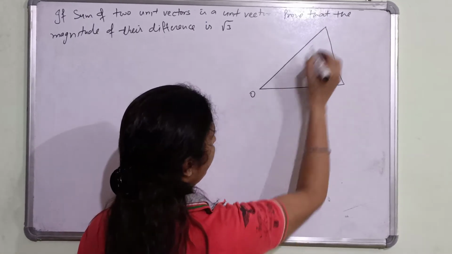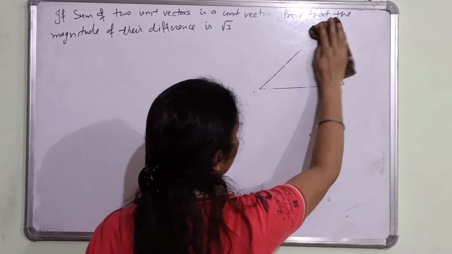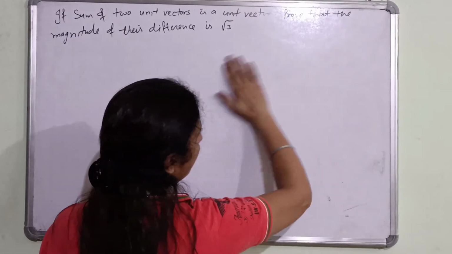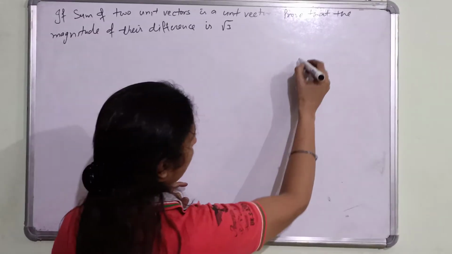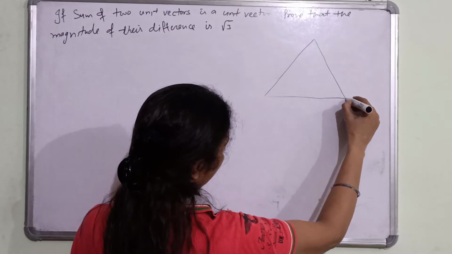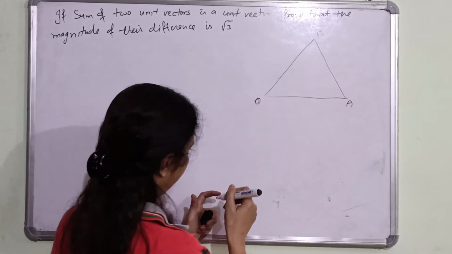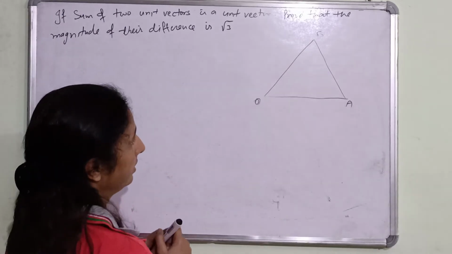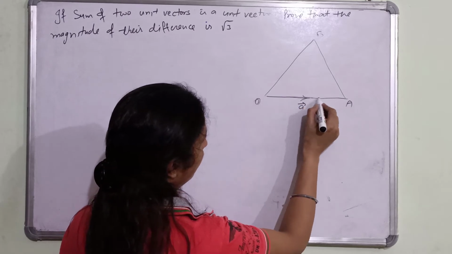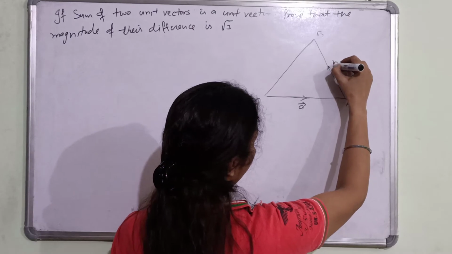It is O, A, B. It is the A vector and it is the B vector.